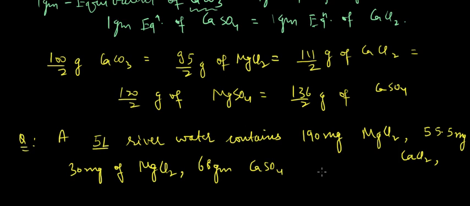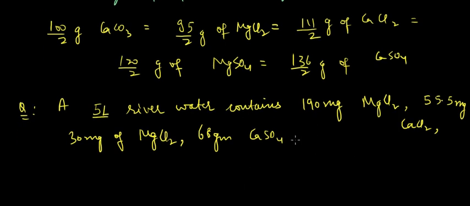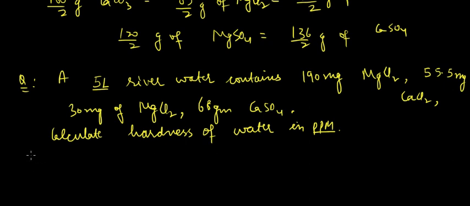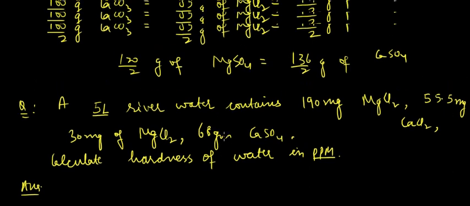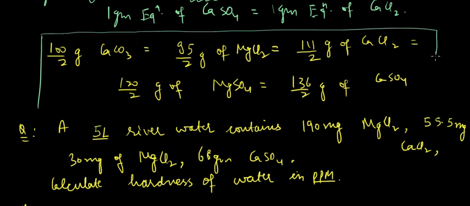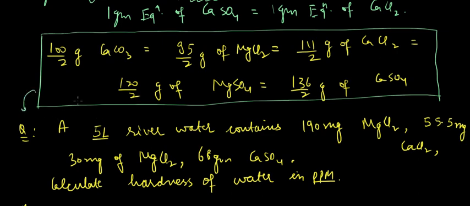You have to calculate the hardness of water in ppm. When nothing is specified, you calculate the hardness with respect to CaCO3, which is understood. Using the format above, please remember this form, which is very important for handling questions like this one.